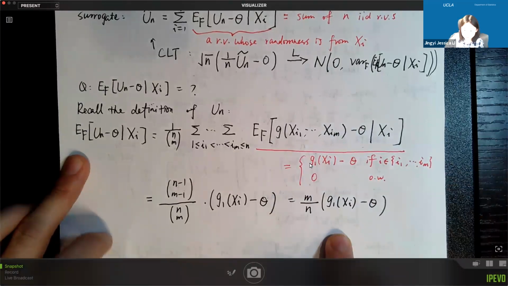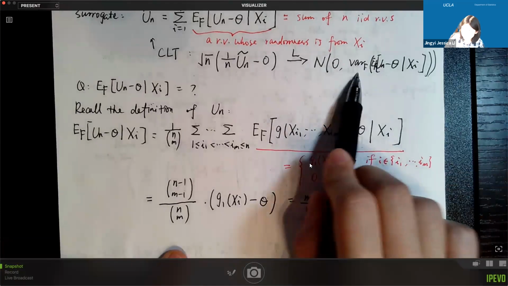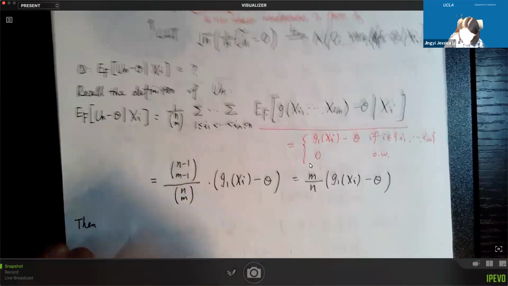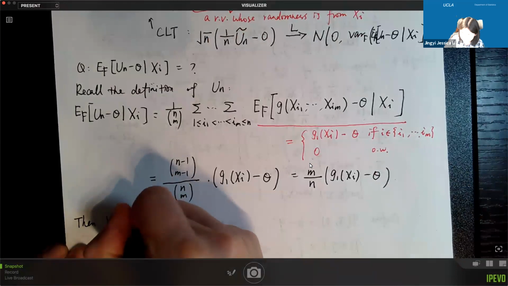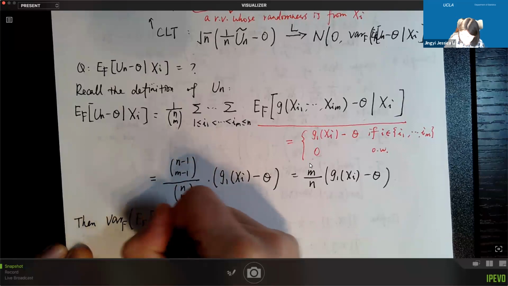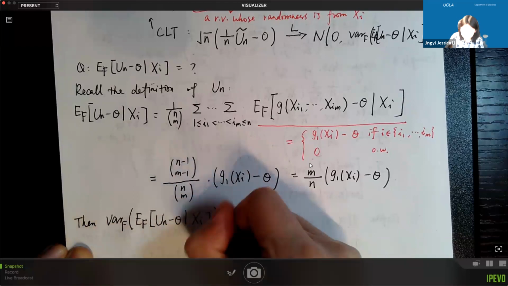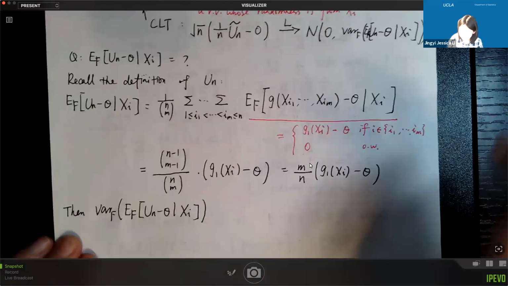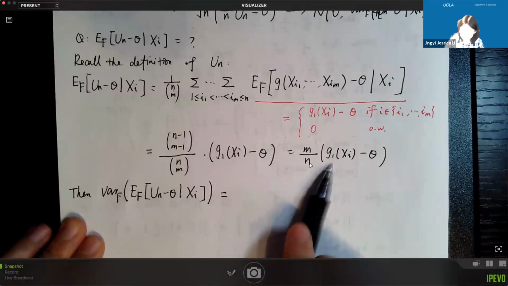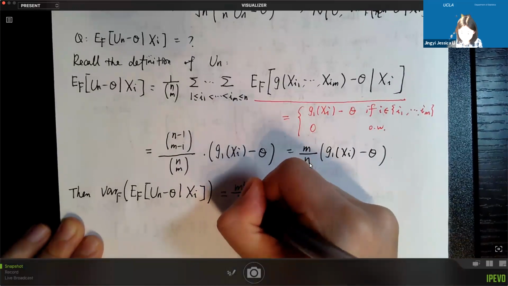So now what's left is to show the variance for this term. So then the variance of the expectation of f Un minus theta given xi is equal to, you see, I'm going to do this, m squared over n squared.